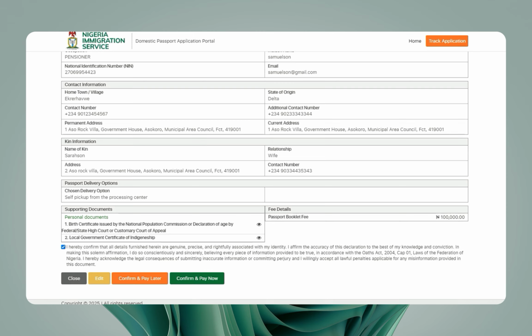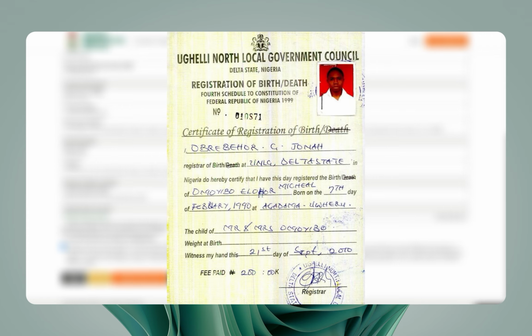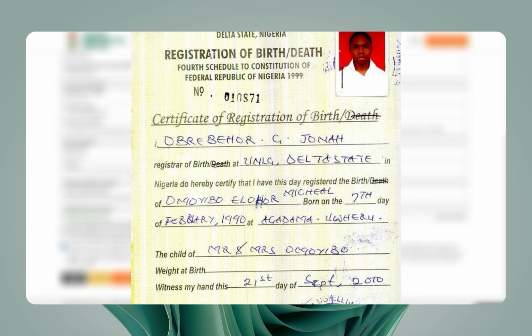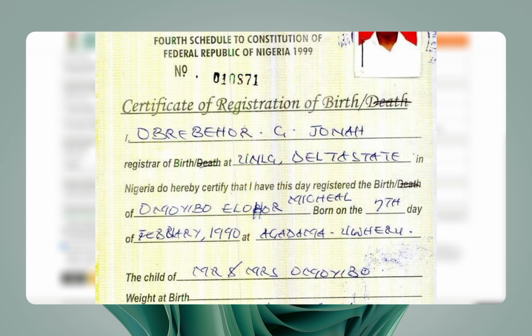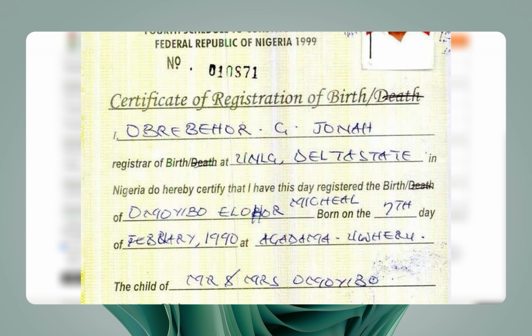And also I want to bring you guys up to speed on something. If on any of your documents there is any form of a manual or a forceful edit, in this case for the name of Eloho, you can see that the B was manually changed to H, probably because of an incorrect spelling.